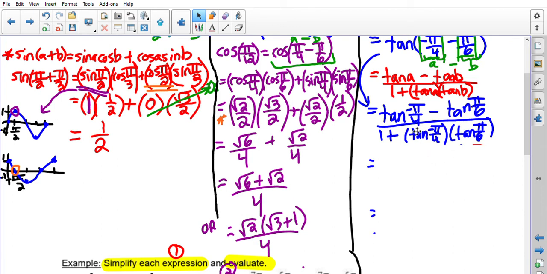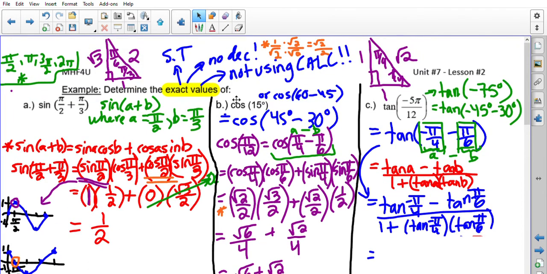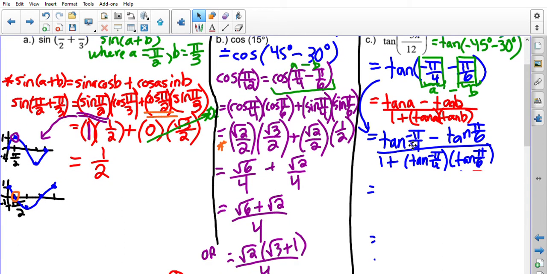All right, so the next part you have to think of here is tan of negative pi over 4. So notice it's not the same as the other questions where we had positive angles. When you have the positive special angle, you can just go right to the special triangle. When you have the negative version, the negative indicates to you that you have gone in the opposite direction.